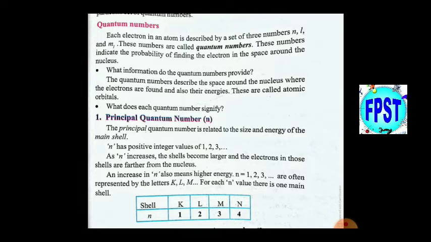To know more about the electron and its position and velocity, we have to know about the quantum numbers.